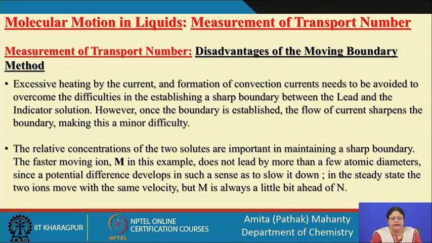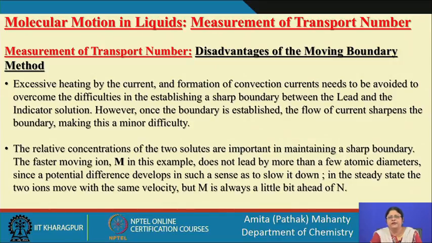Now, let us see what the possible disadvantages of the moving boundary method are. When we are sending current through the moving boundary apparatus, if there is excess current continuously passed, you may generate heating associated with the passage of current.